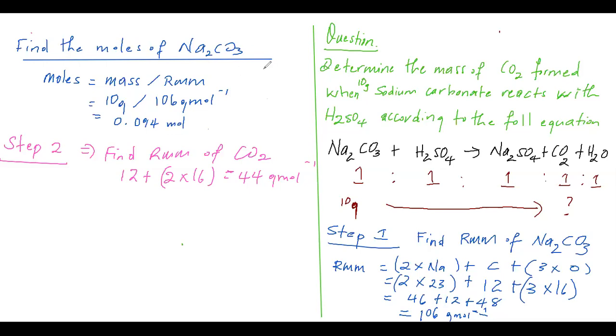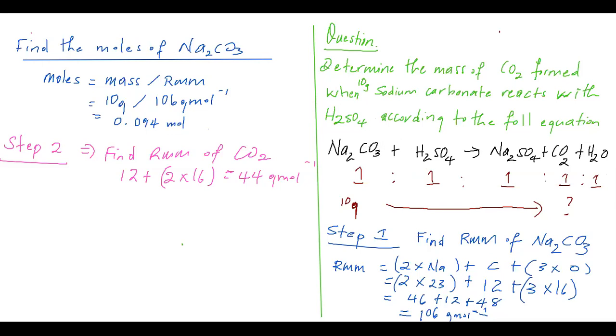Remember that the mole ratio is to assist you: if you found out the moles of one substance in the equation, you can use that one substance to tell you the moles of any other substance in the equation. That's the relevance of learning the mole ratios.